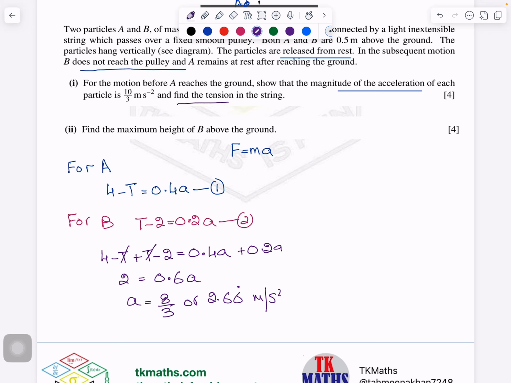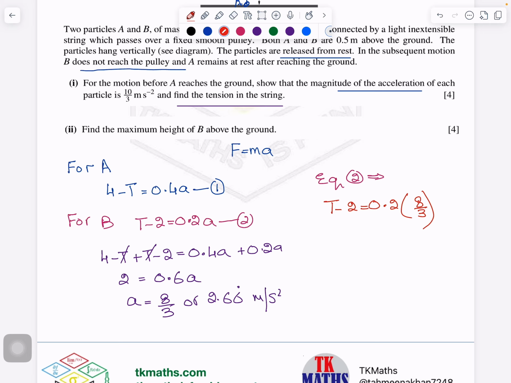The question is saying find the tension in the string as well. So this value of acceleration you can plug into either equation 1 or equation 2. Let me substitute it in equation 2. So T minus 2 equals 0.2 times 10 upon 3.